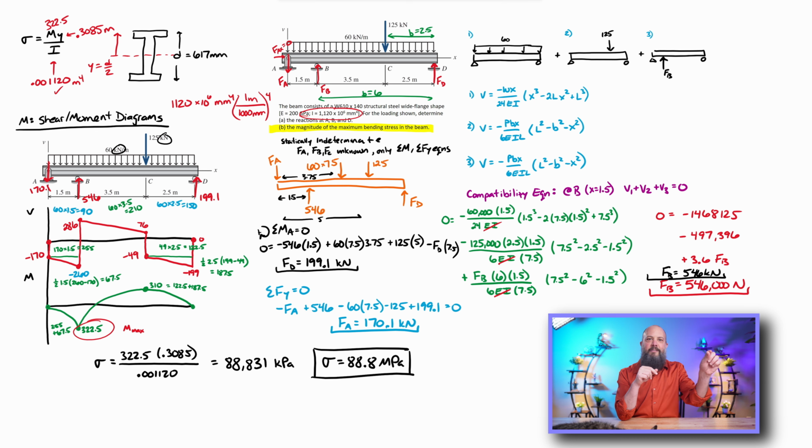This 170 and the 125, these were all in kilonewtons, not newtons. I should have done 170,000 and 125,000 to get them in newtons, but I forgot. So 88,000 kilopascals, or 88.8 megapascals, is the maximum stress. Statically indeterminate beam deflection problem solved by superposition.